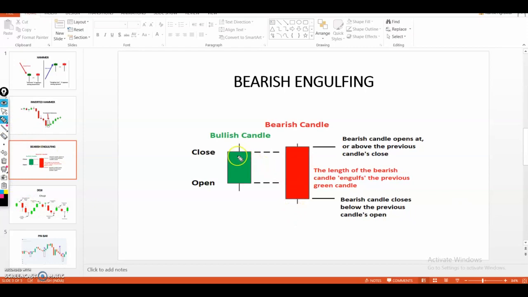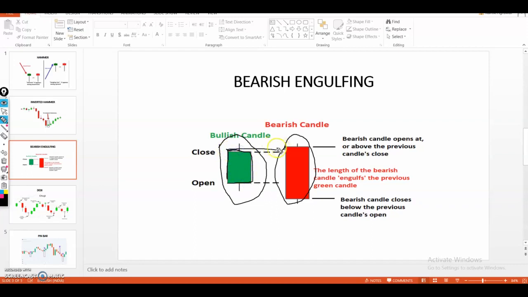the first rule, as we discussed in the bullish engulfing, similarly, it is a two-candlestick pattern, right? The first candle must be a bullish candle, indicated by a green candle, and the second candle must be a red candle which completely engulfs the body of the previous green candle.